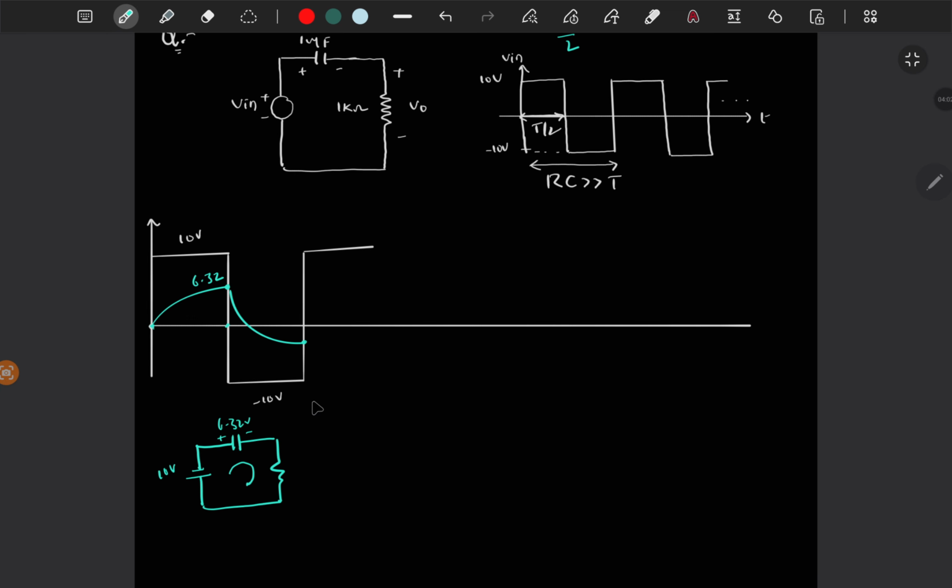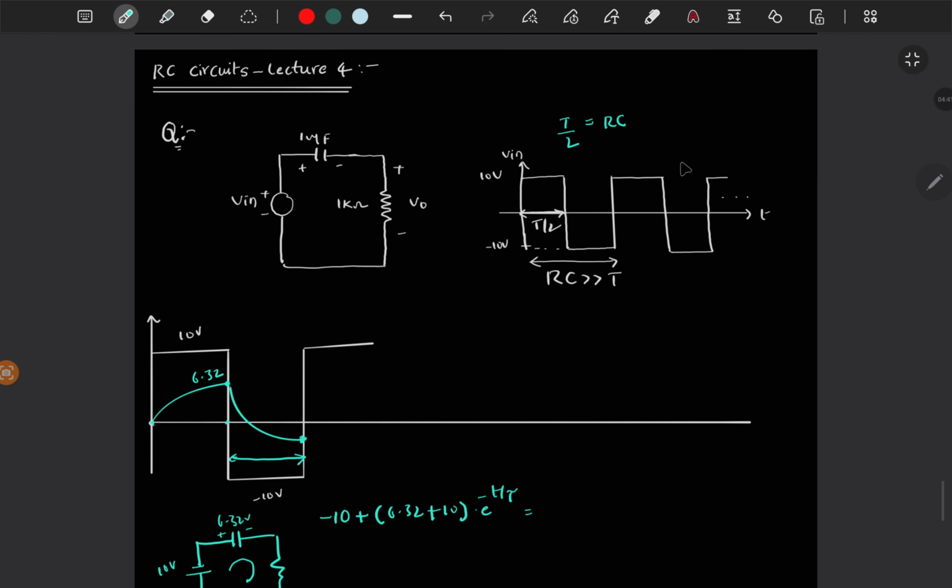So if you write the expression of this graph, if you leave the circuit, then it will go to minus 10 volt. So this final value is minus 10. So final value plus (initial value minus final value) times e to the power minus t by tau is equal to this waveform, right? This value you will get when you put t as this time, which is nothing but T by 2, the time constant of the circuit that we have assumed.